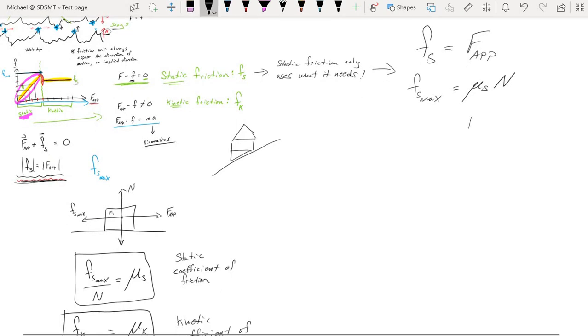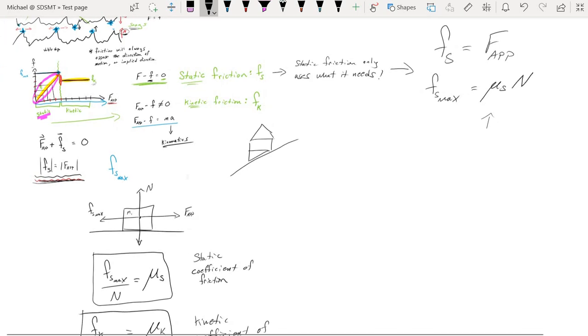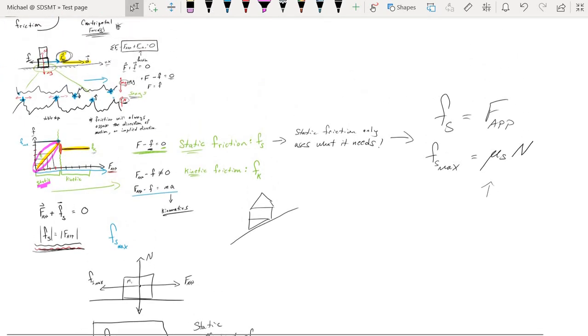All we have to do is look up this coefficient in a table somewhere, because this coefficient is measuring the surface-to-surface interaction that is happening between the mass and the tabletop. Each surface-to-surface interaction is going to be unique.